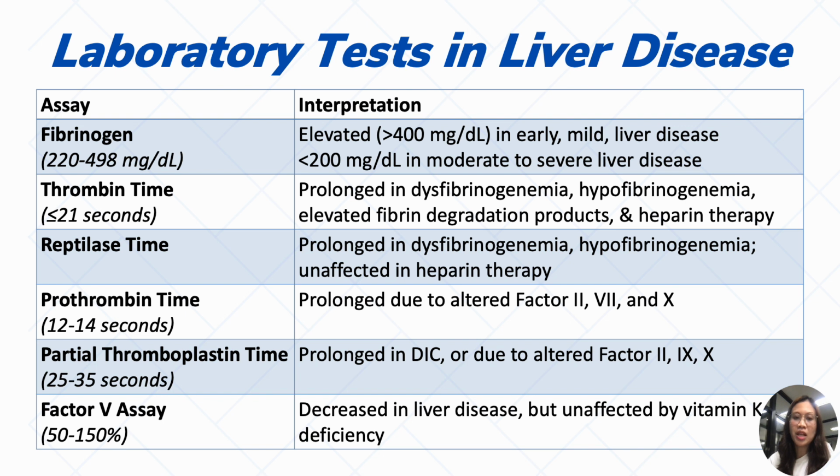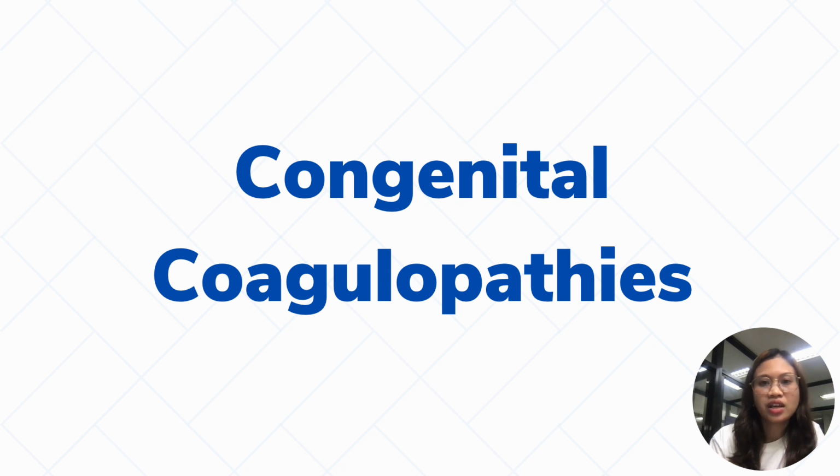Activated partial thromboplastin time, or APTT, is also prolonged due to altered factors 2, 9, and 10, which are also vitamin K-dependent factors. Factor 5 is decreased in liver disease but is more liver specific since it is unaffected by vitamin K deficiency.